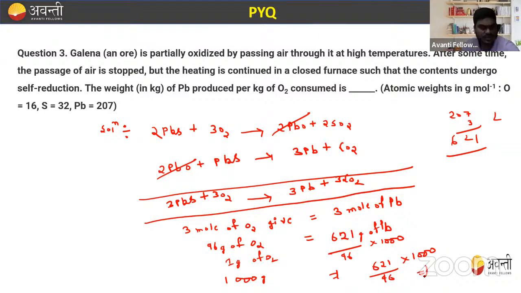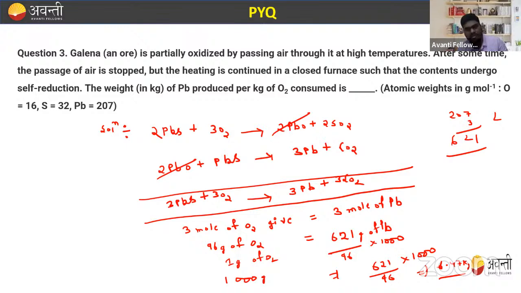In this question they want the answer in kilogram, so it comes out to be 6.47 kilogram. So the total amount required is 6.47 kilograms.